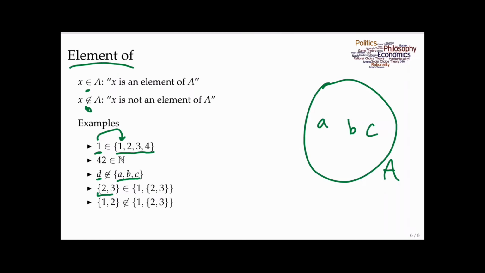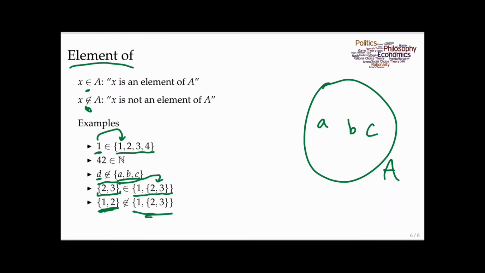Here we see that the set containing 2 and 3 is an element of this set. Why? Because this set shows up here as one of the elements, one of the objects in the set. But note here, the set containing 1 and 2 does not show up in this set.